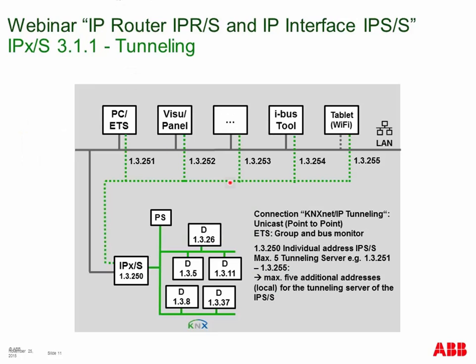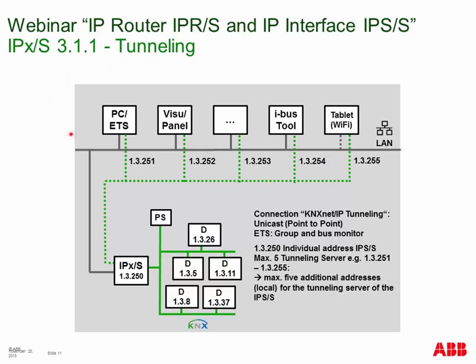Yeah, if we look in a bit more detail at a KNX system, for example, you see here the network connected to any IP router, IP interface, our new ones of course, and behind we have our twisted pair world with different devices. And on the LAN side, on the network side, different applications are connected. For example, a PC with the ETS, a visualization, or our IBAS tool is a further application, or any tablet PC connected via Wi-Fi to the network here.